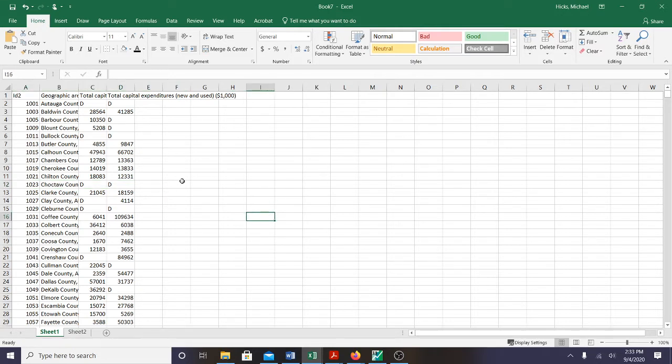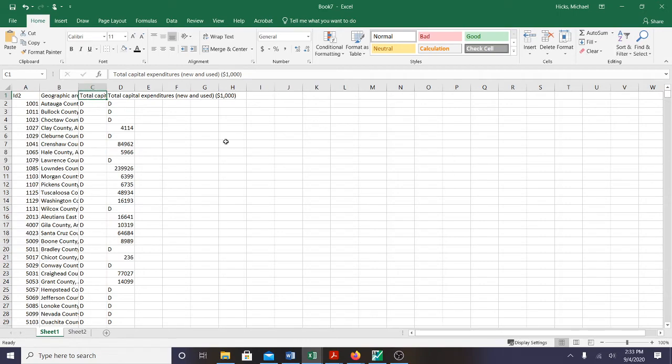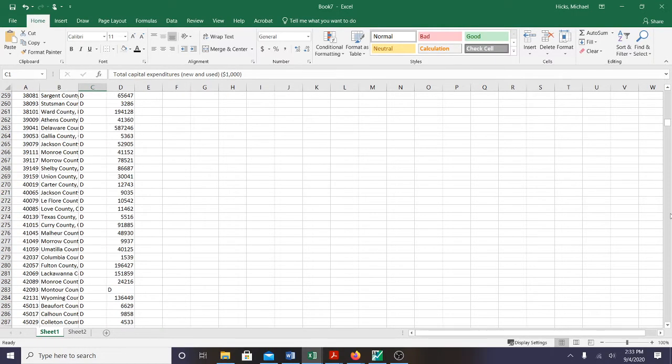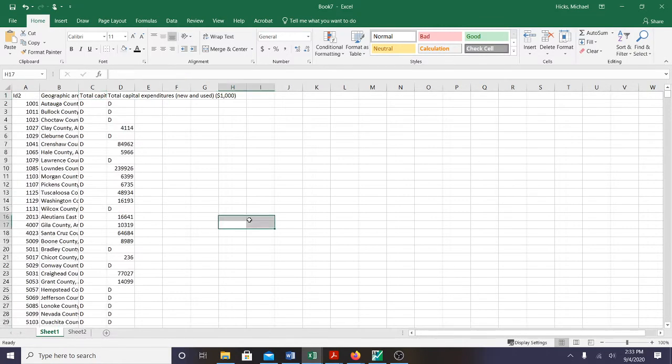So the first thing you have to do with all your data is understand what it is and clean it. And so in this case, we would exclude those suppressed data, which would involve, for example, sorting and removing all the D counties in this 3,144 county database of the Census of Manufacturers.